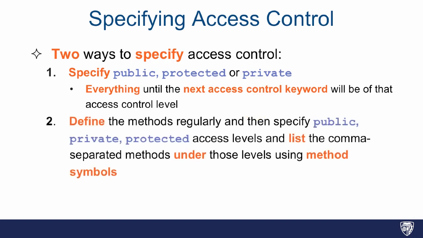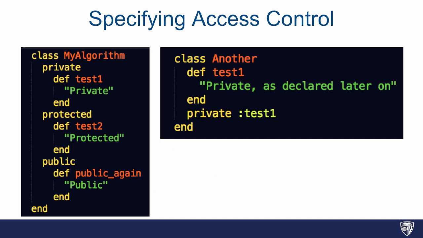The second way is you could define the methods regularly, and then have a comma-separated list of methods using the method symbols to specify whether they are private, protected, or public. So let's see both of these.